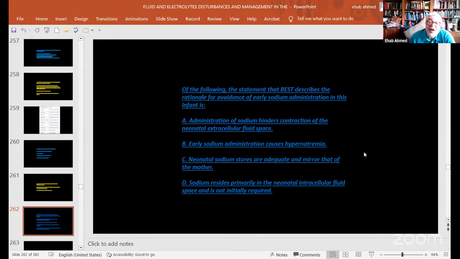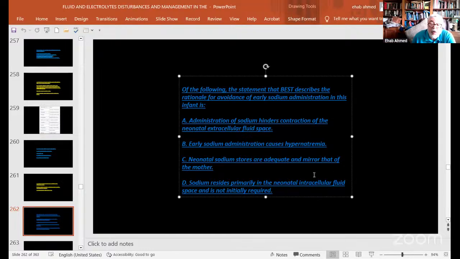Of the following, the statement that best describes the rationale for avoidance of early sodium administration in this infant is, why you didn't give sodium early in the first 1 or 2 days: because administration of sodium hinders contraction of the neonatal extracellular fluid space, or early sodium administration causes hypernatremia, or neonatal sodium stores are adequate and mirror that of the mother, or sodium resides primarily in the neonatal intracellular fluid space and is not initially required.